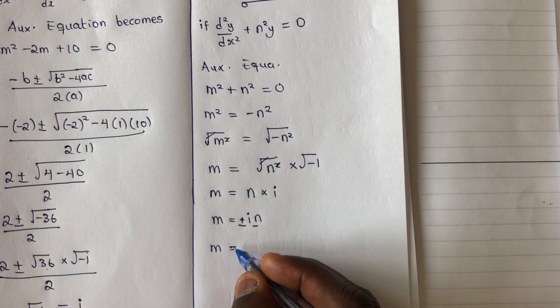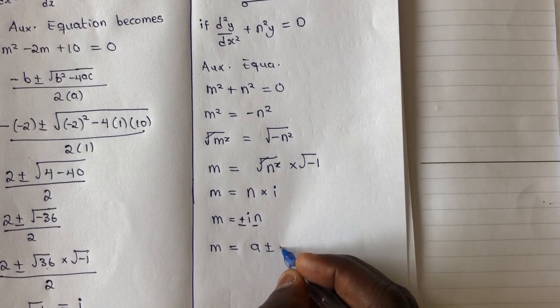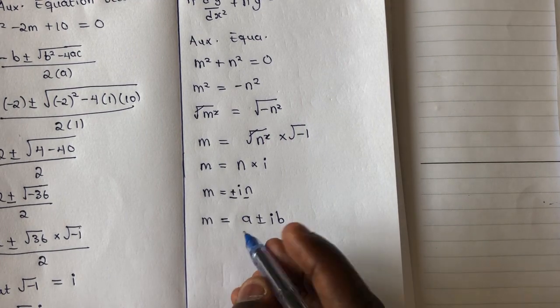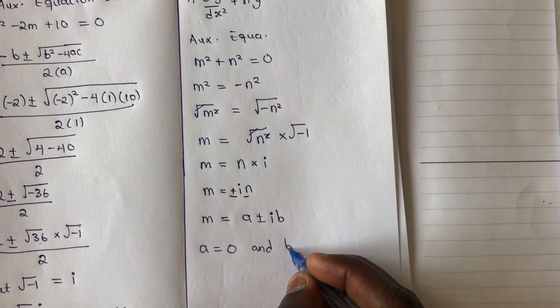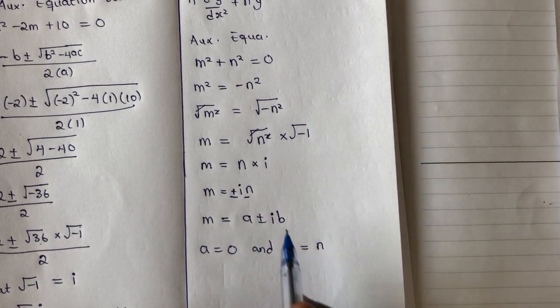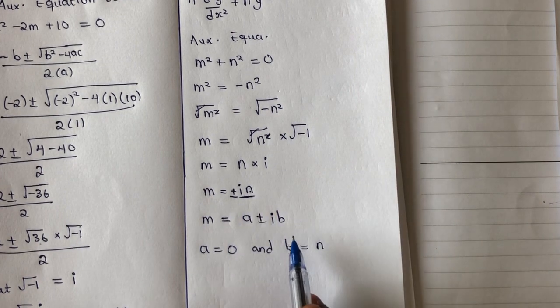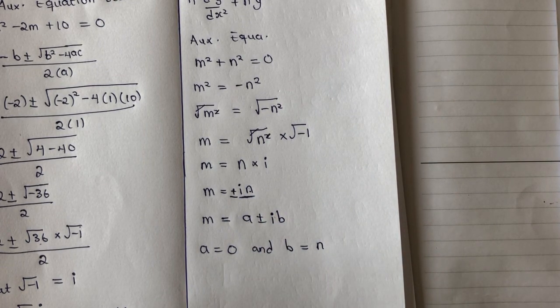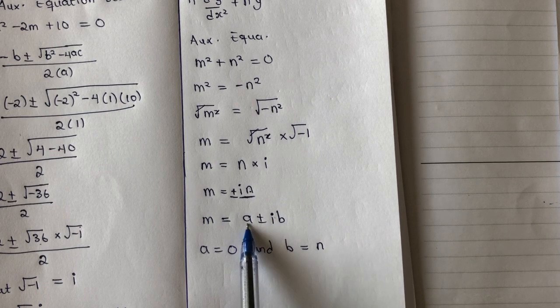In normal circumstance, m is supposed to be a plus or minus ib. We are already aware of that. But however, a equals 0 and b equals n. So n here equals b, and then a equals 0. So we are seeing that though we generated a complex root, the a was 0.